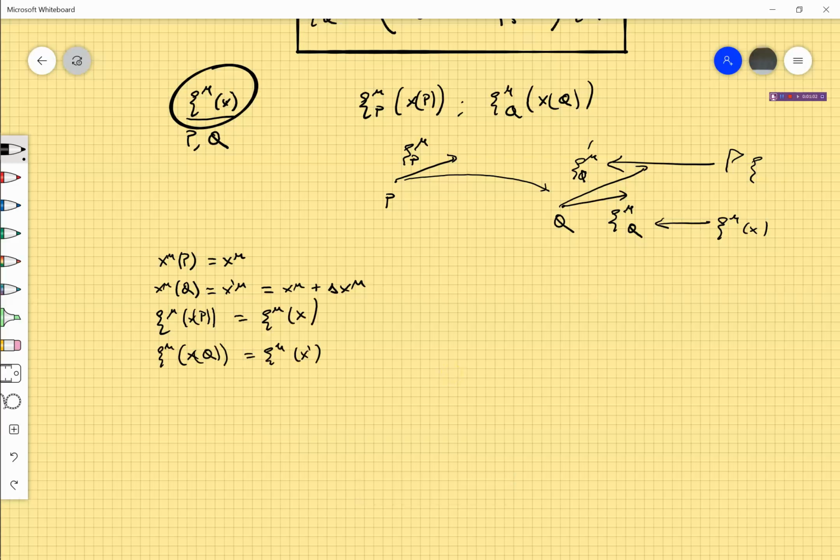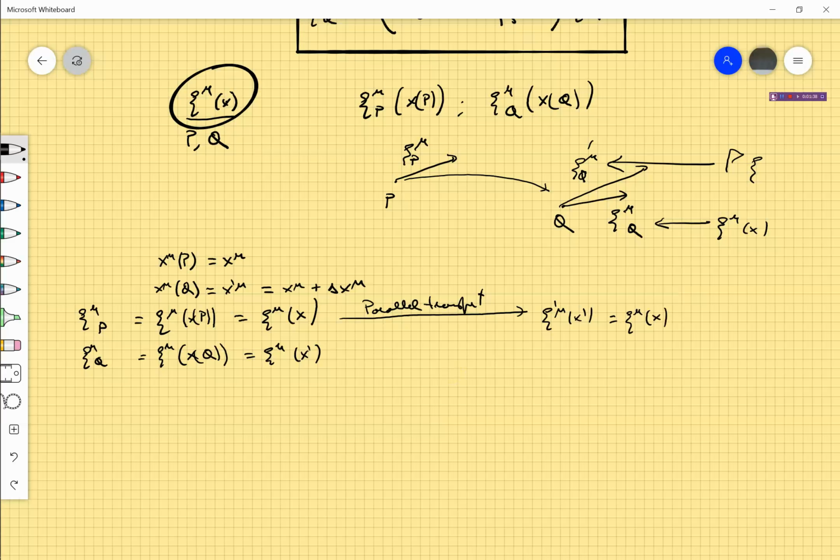Okay, now this is what we called psi mu of q, and this is psi mu of p, and now we parallel transport it according to the above rule, and we obtain a new vector field which is psi prime and which is defined at x prime. Okay, so these are the components, and according to the above rule they are given by the original vector.